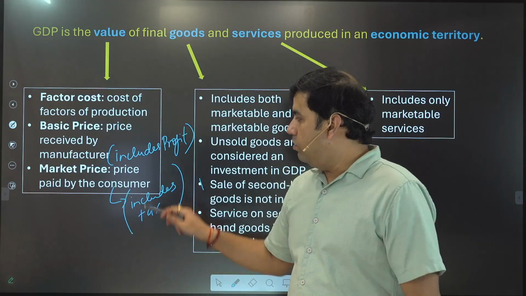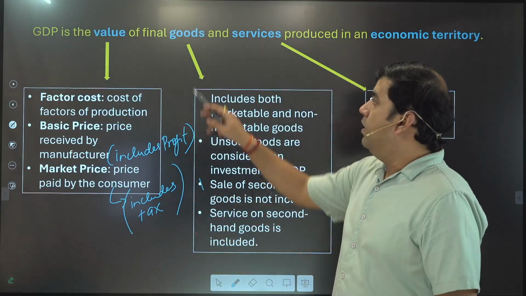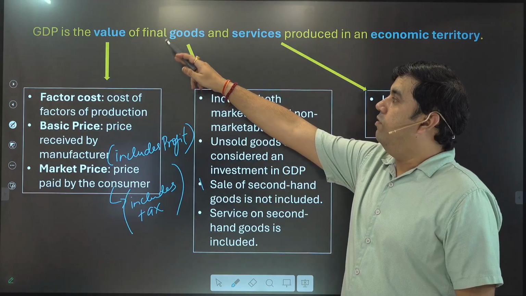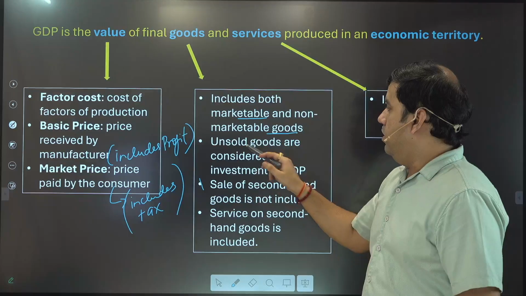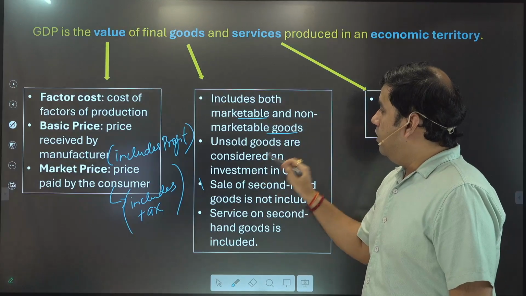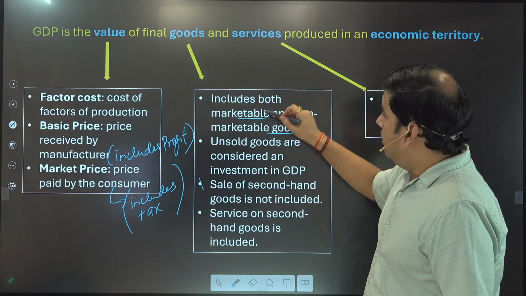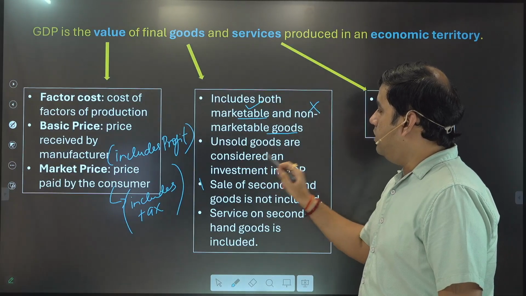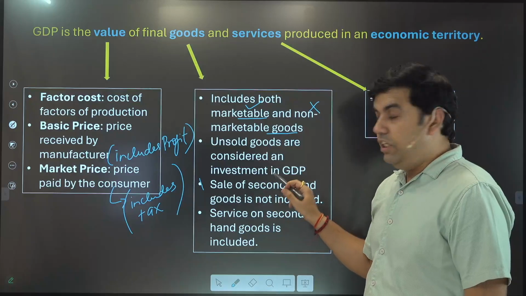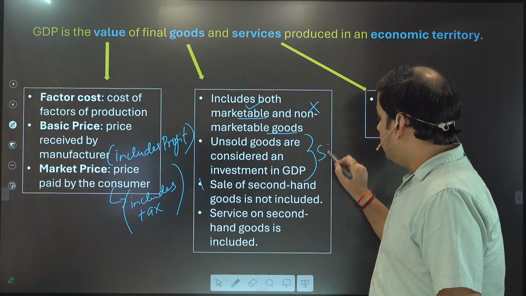So there it includes profit, here it includes taxes. Final value, value of final goods, marketable, non-marketable, right? Unsold goods are considered as investment in the GDP, they are called stocks.